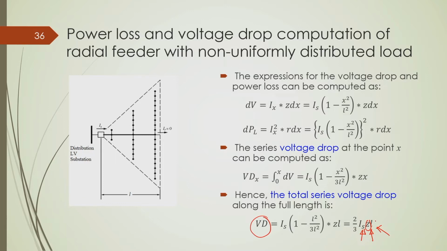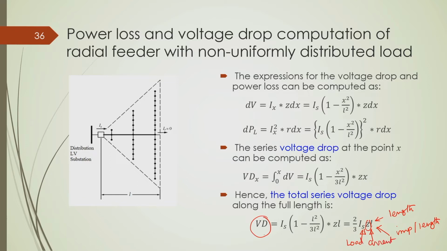L is the length of the feeder, z is the impedance per unit length, and I represents the load current.